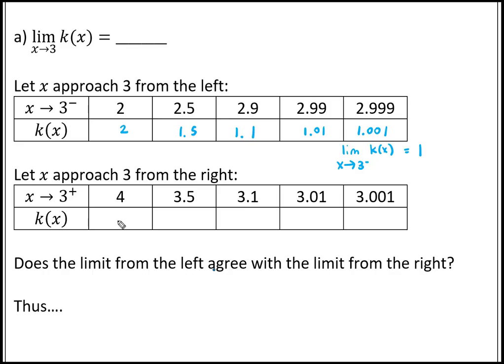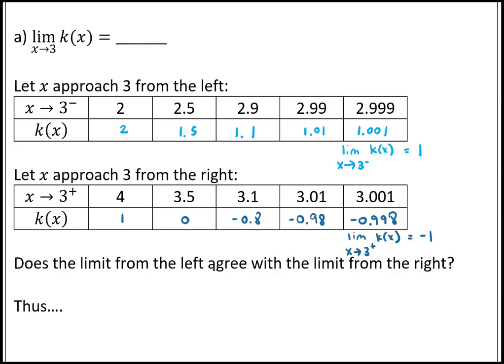Approaching from the right, we're going to get k of 4 is 1, k of 3.5 is 0, we get negative 0.8, negative 0.98, and negative 0.998. And so the limit of k of x as x approaches 3 from the right is negative 1.